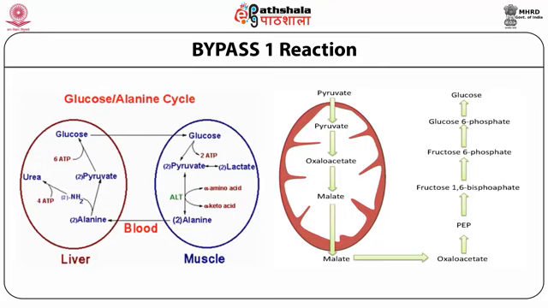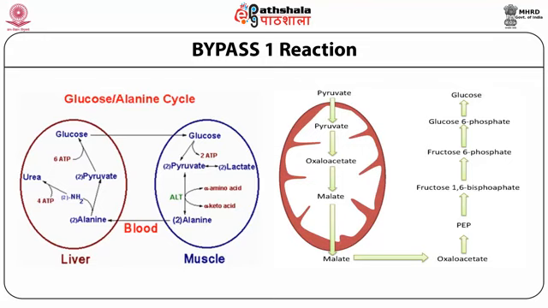So when this pyruvate enters the cell, the pyruvate is converted into oxaloacetate. When pyruvate enters the TCA cycle, it is converted into oxaloacetate and malate.